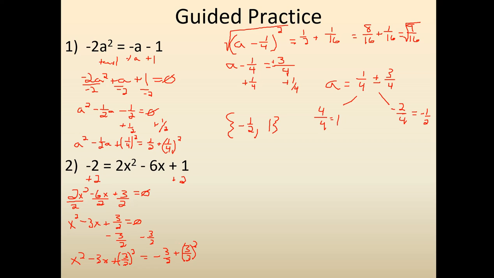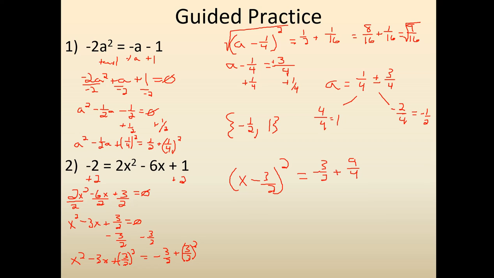So now, when I factor the left-hand side, it's going to factor as 3. Once again, middle term is negative. So x minus 3/2 squared equals minus 3/2 plus 3 squared is 9 and 2 squared is 4.